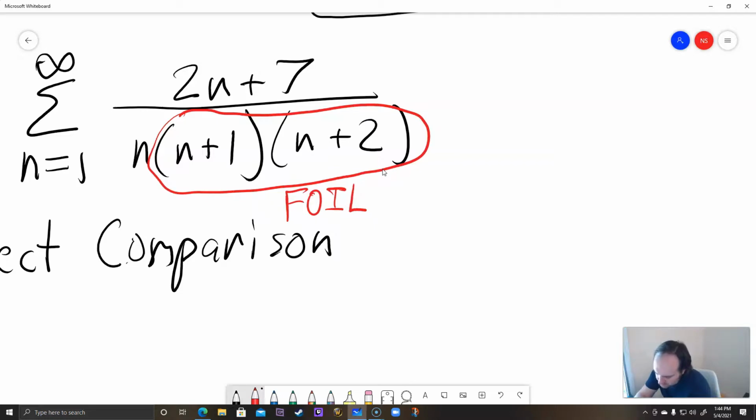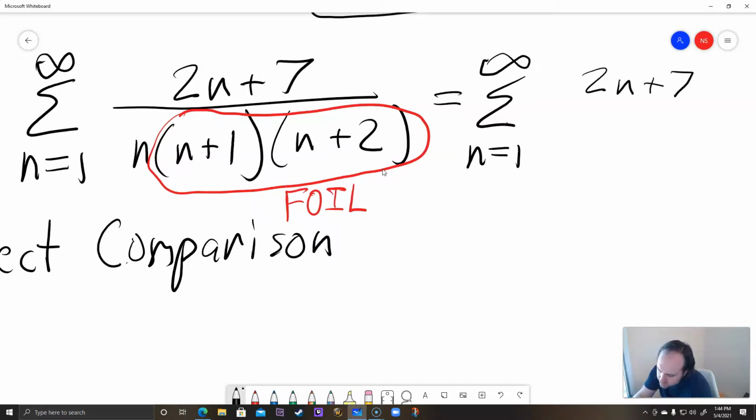So what we're going to have here is the sum from n equals 1 to infinity of 2n plus 7 over n times n squared plus 2n plus n, so that's plus 3n plus 2.